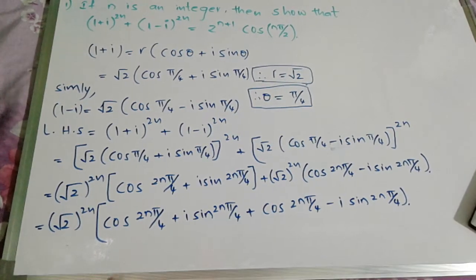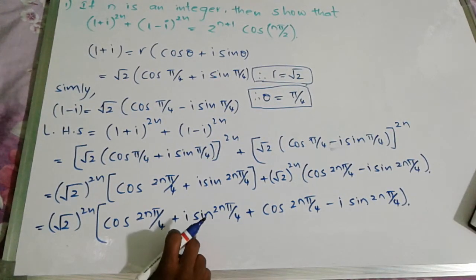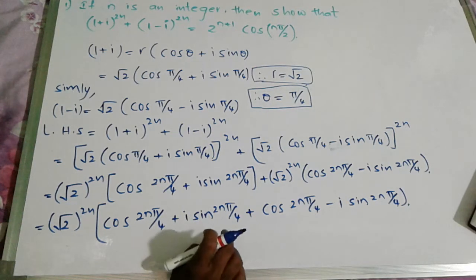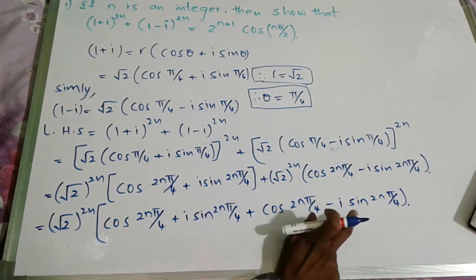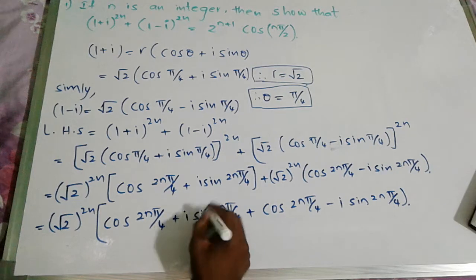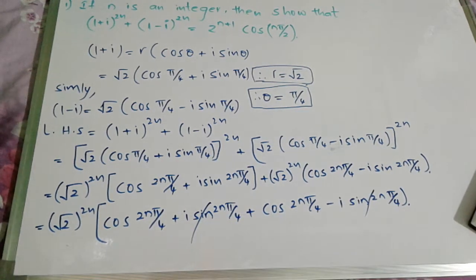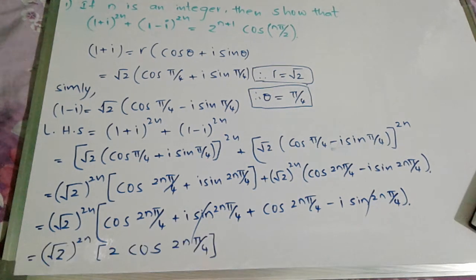So guys, here plus i sin 2n pi by 4 and minus i sin 2n pi by 4 get cancelled. So finally we get root 2 whole power 2n times 2 cos 2n pi by 4.